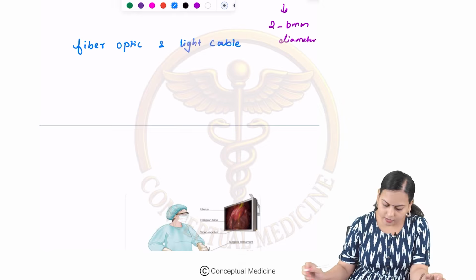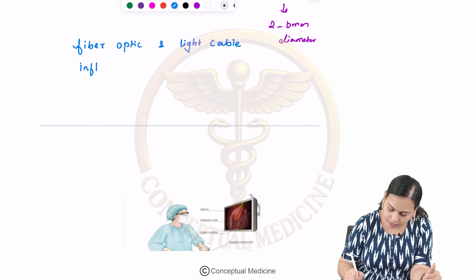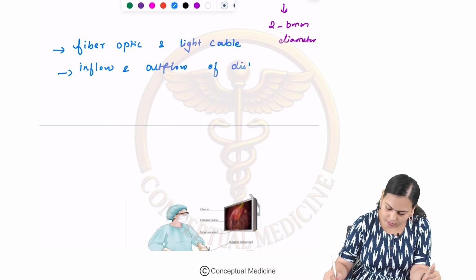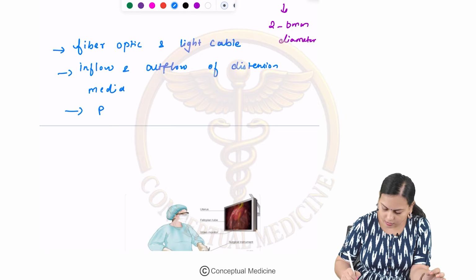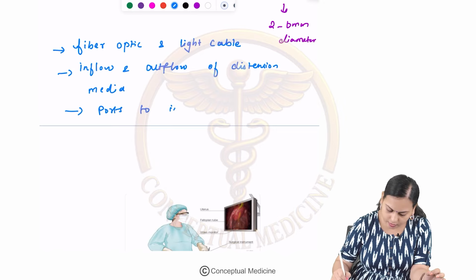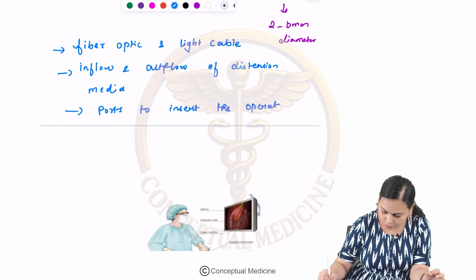Outer sheath channels will enable the inflow and outflow of distension media, and it also has ports to insert the operative instrument.